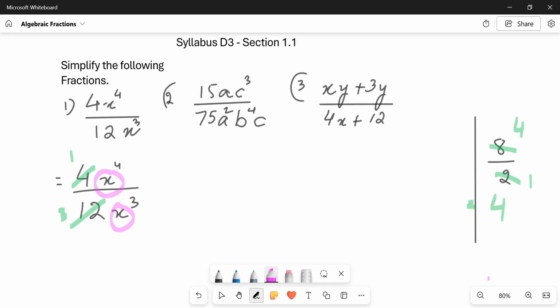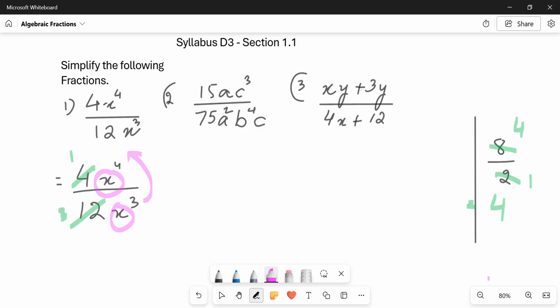Second thing, just check the smallest power here. This is x^3, and in the numerator we have x^4. So the smallest power will go up, always, because we need the variables in a positive form. We do not need the variables in a negative form. If we bring this 4 down, it gives you -4.